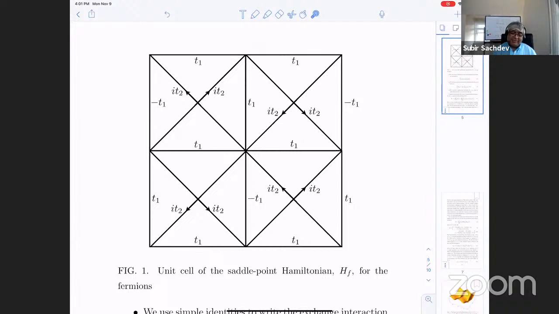This kind of state was, in a very different language, first proposed by Laughlin and Kalmeyer. And there was a lot of work on it, and people were skeptical because it never actually showed up in anybody's study of any spin model. But that has all changed now.